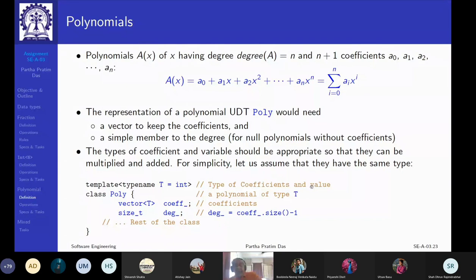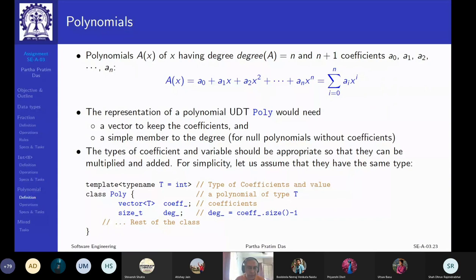So if I want to have a polynomial type, then I need to represent the coefficients, and I need to represent the degree. So coefficients I can naturally represent by a vector, and degree by another data member.